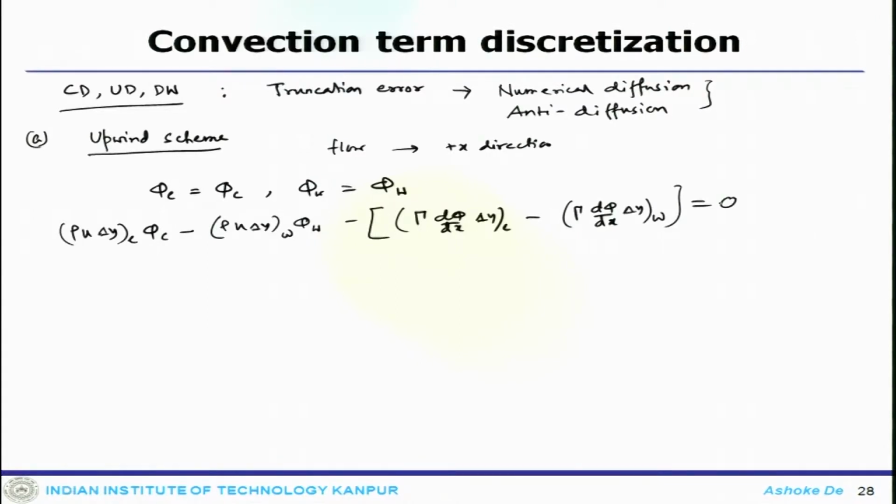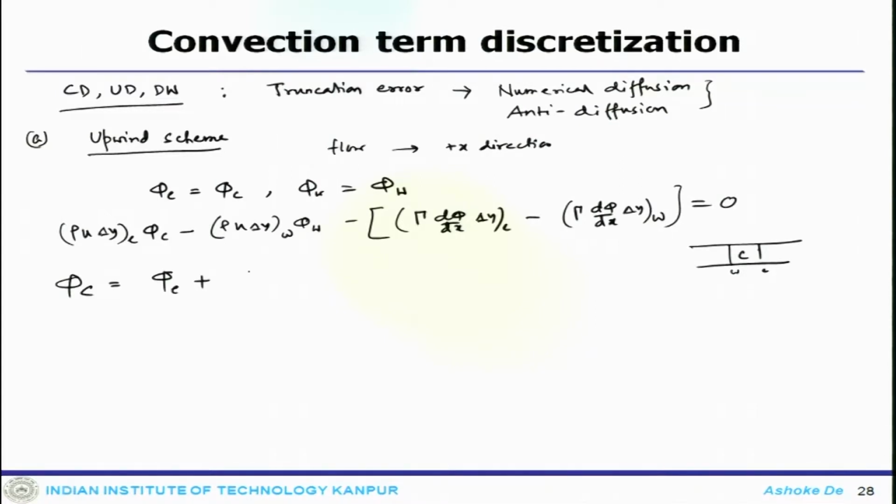Now, we go back to our standard Taylor series expansion. So, then using the value of the flux we calculate. So, we start with the cell and using the value of the phases that we use to calculate that.